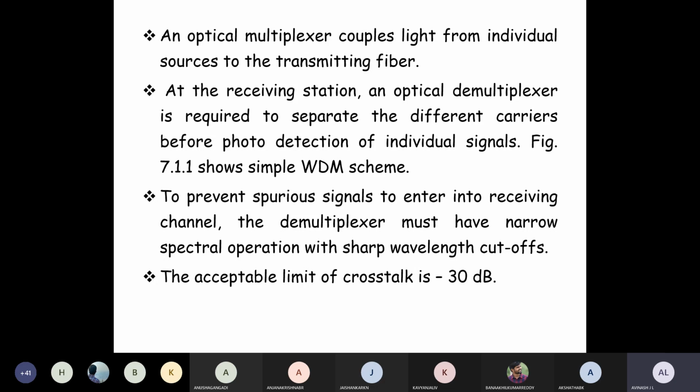The acceptable limit of crosstalk is 30 dB. So what exactly happens here? When you are demultiplexing the signals, there may be some amount of noise which may get added. Those signals that get added are called spurious signals.